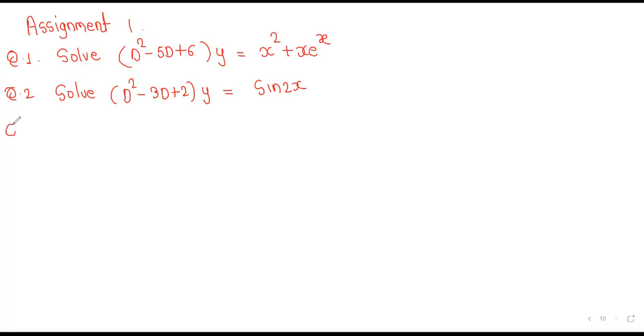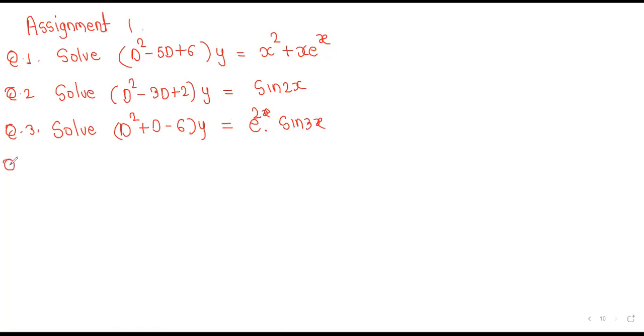Then question number 3 is solve D square plus D minus 6 into y is equal to e raised to 2x into sine 3x.